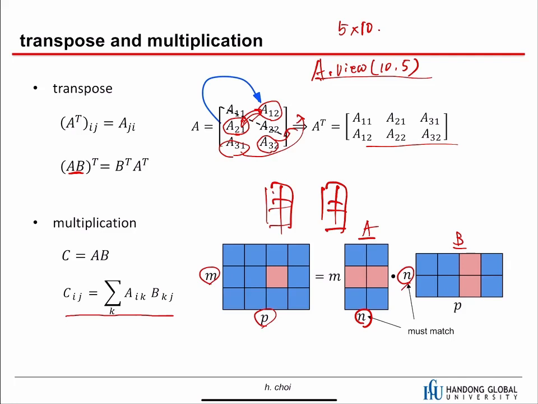In that case, we just multiply the two, and the result matrix will have the same shape. This one is the multiplication of this element and this element, and this one is the multiplication of this one and this one. So just element-wise multiplication.